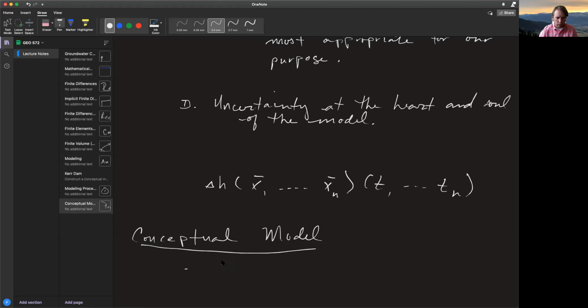A conceptual model is where we assemble the ingredients to solve our boundary value problem.